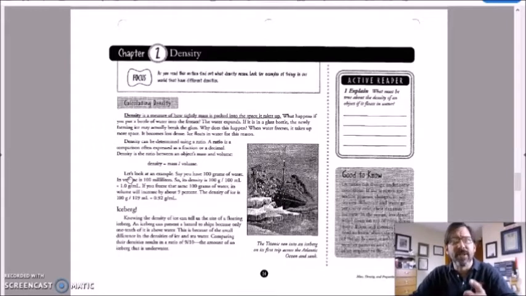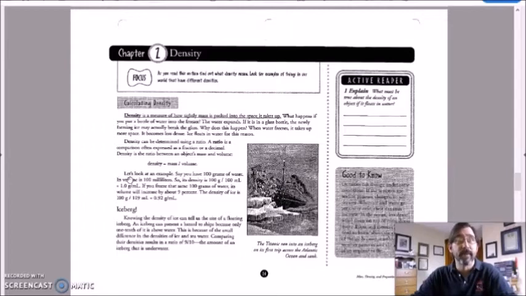If you freeze that same 100 grams of water, its volume will increase by about 9%. The density of ice is 100 grams divided by 109 milliliters, or 0.92 grams per milliliter, which is less than 1.